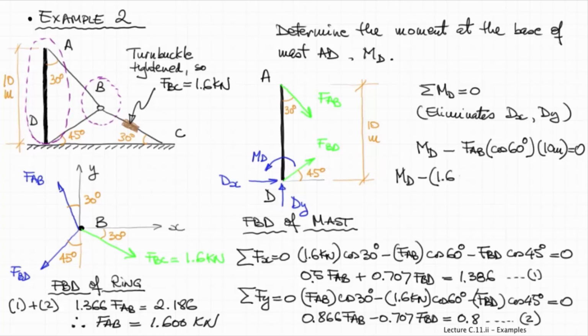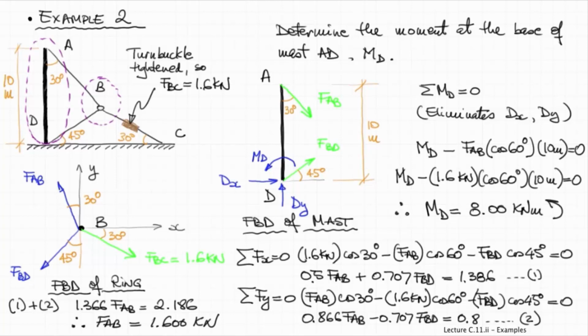And then all we have to do is plug this number into the equation of moment that we had developed earlier. And from here we can solve for the magnitude of the moment at D, which is a positive 8 kilonewton meters. So hence our original positive direction, rotating counterclockwise, of the moment was correct.